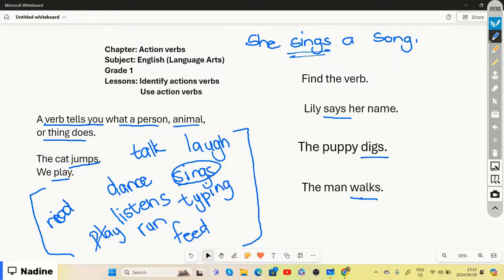If we're thinking of another sentence, let's go with talk, right? Then we can say I, okay, not love, just I talk.